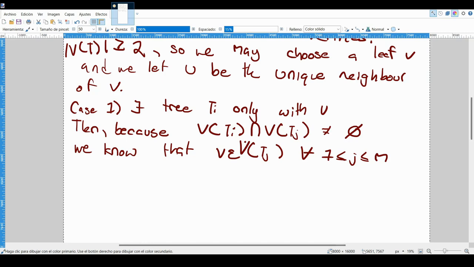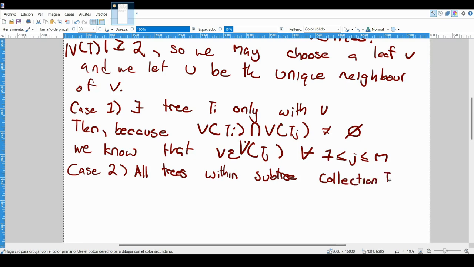Then the more complicated case we can look at is case 2. And in this case, all trees within the subtree collection, we'll just number that off T1 all the way up to Tm, have at least two vertices.